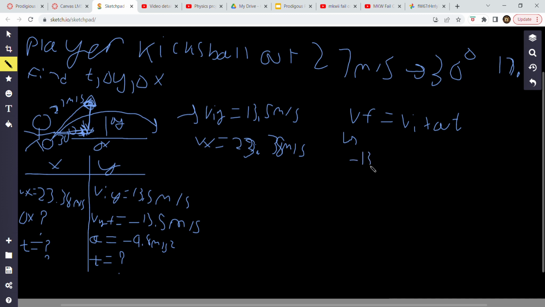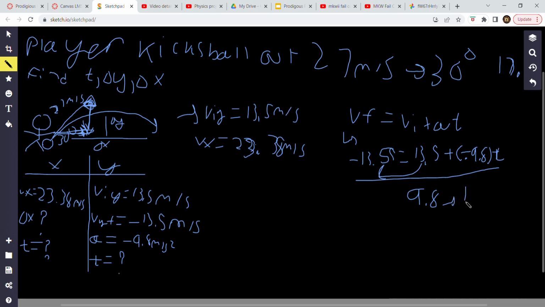So negative 13.5 is equal to 13.5 plus negative 9.8 t. Now we move this over, that's a 27, and divide by 9.8, and we get t equals, let me plug this in, 2.76 seconds.